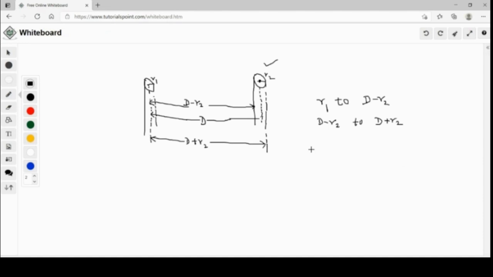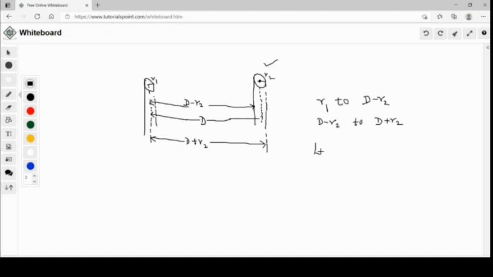Therefore, the total inductance due to the current in conductor 1 can be calculated assuming that D is much greater than R1 and R2. These are the assumptions you have to keep in mind.